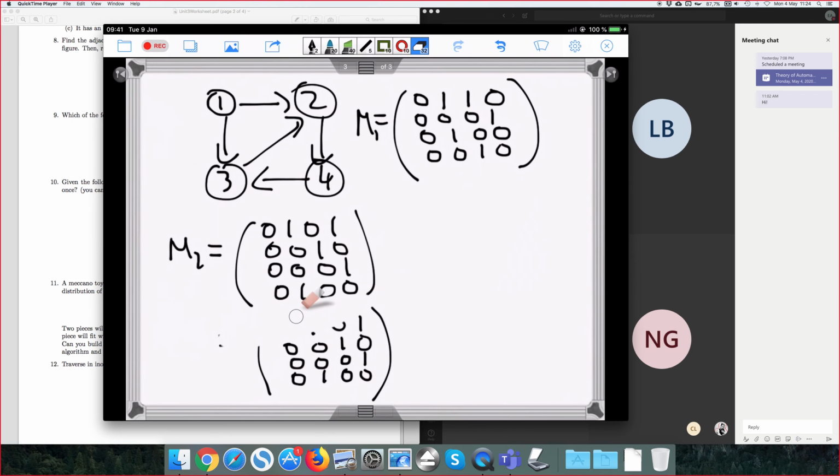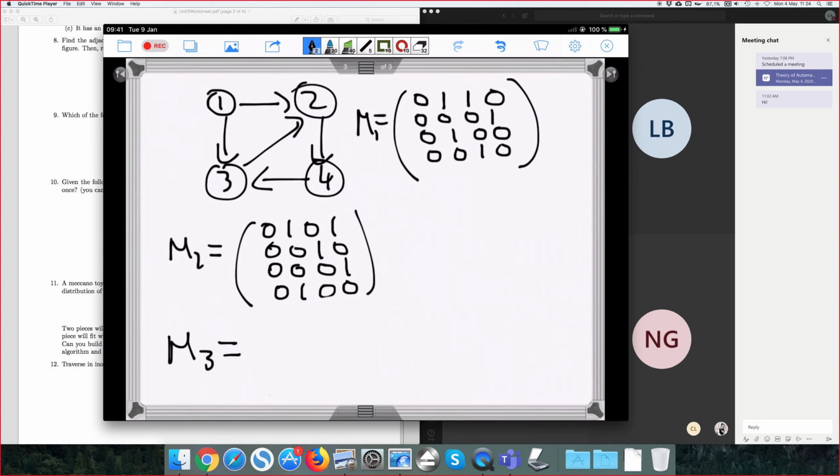Okay. And now for M3, I need to multiply either M2 times M1 or M1 times M2, it is the same.